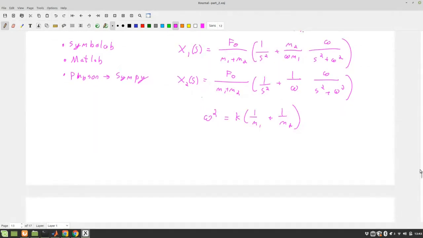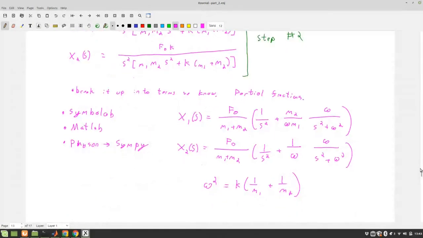First, what's the inverse Laplace of F naught over M1 plus M2? It's a constant, right? Nothing happens, so it just slides through. That makes sense?